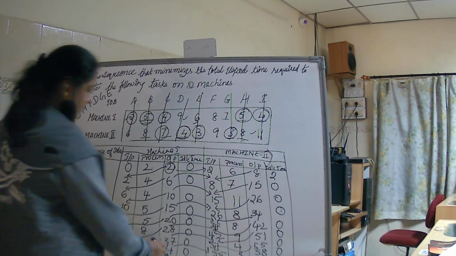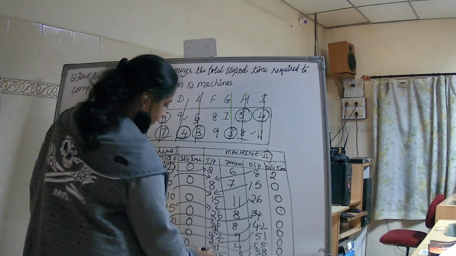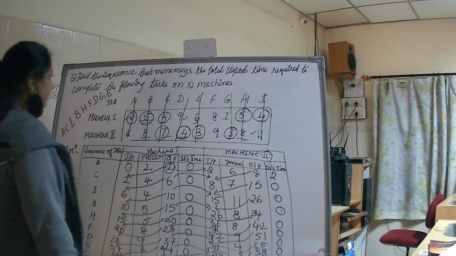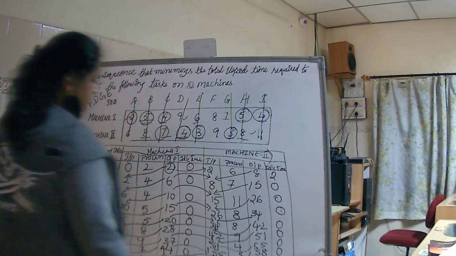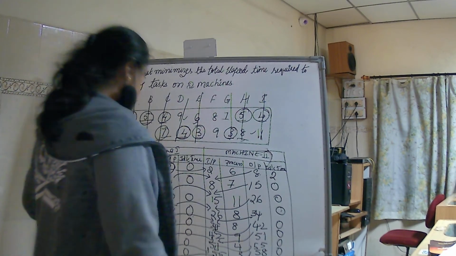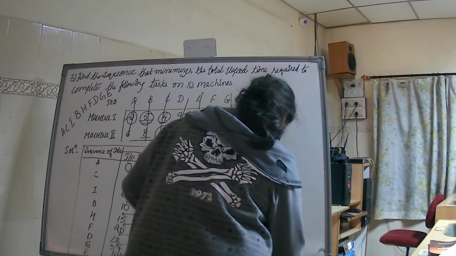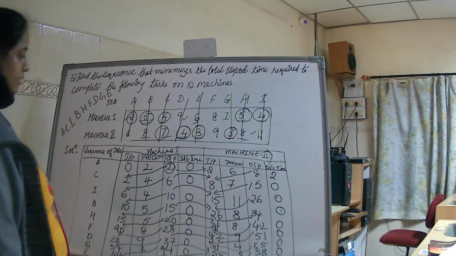The next is 50 and 58. Which is the highest? 58 is the highest. Okay, the process value for E is 3. So 58 plus 3 will become 61. So the idle value will become 0. 58 minus 58 will be 0.